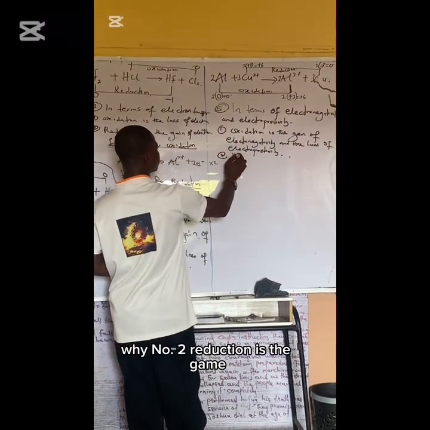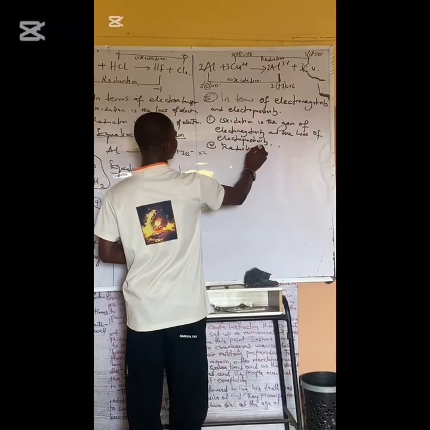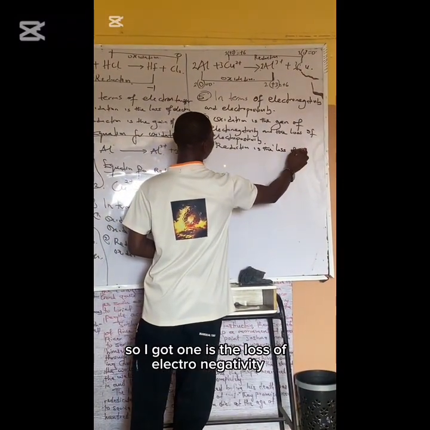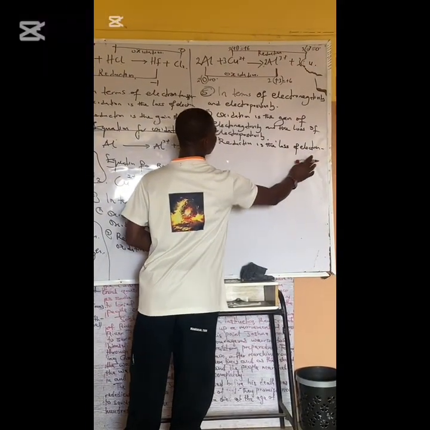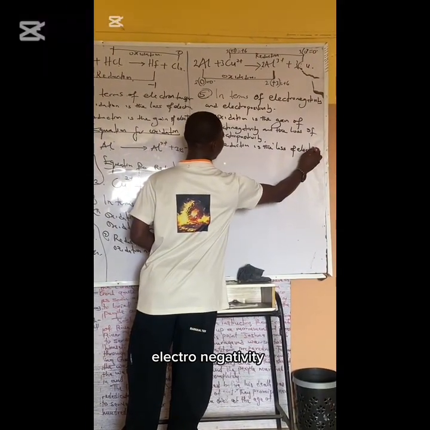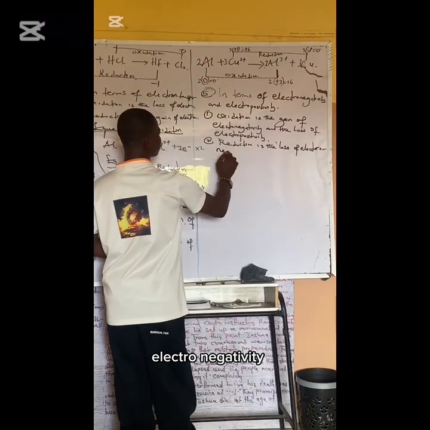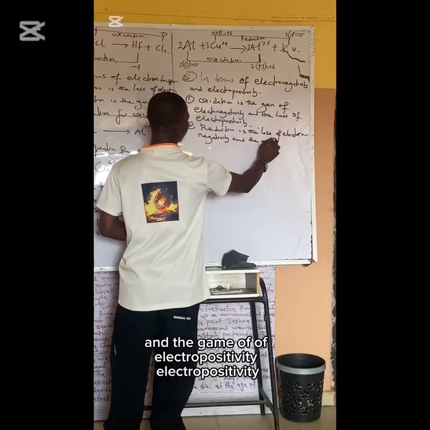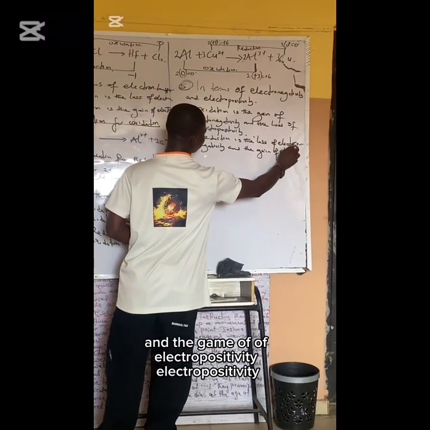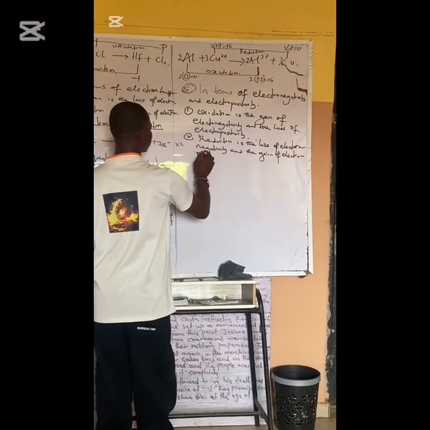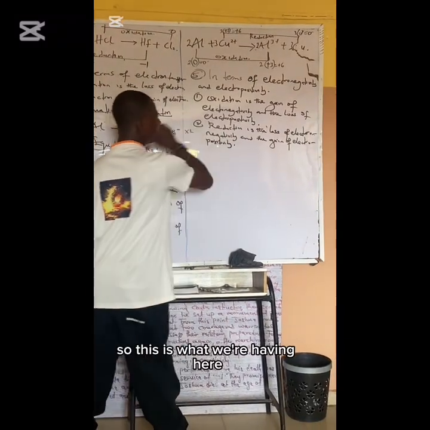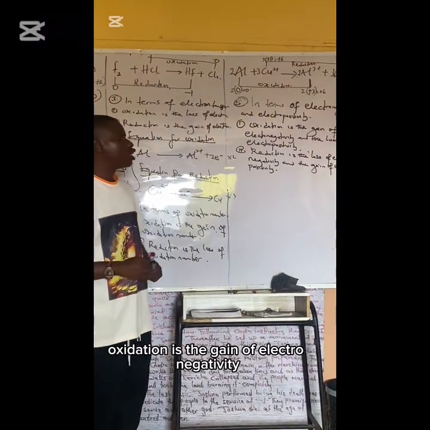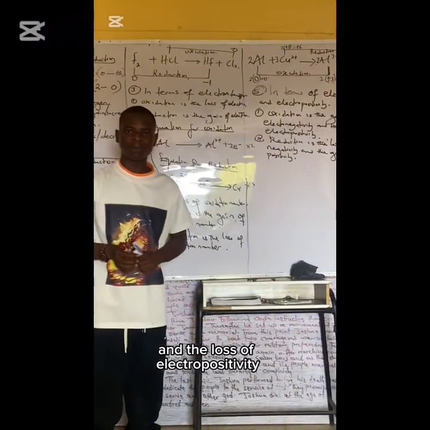While number 2, reduction is the loss of electronegativity and the gain of electropositivity. So this is what we have in here now. I've got 1 and I've got 2. Oxidation is the gain of electronegativity and the loss of electropositivity.